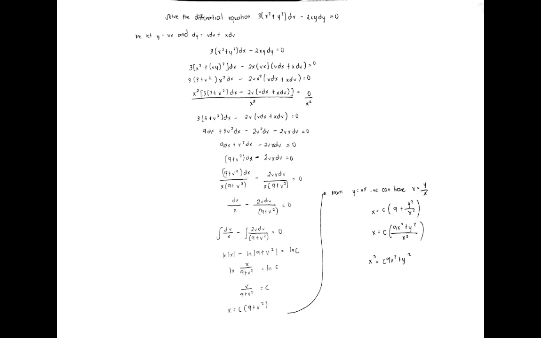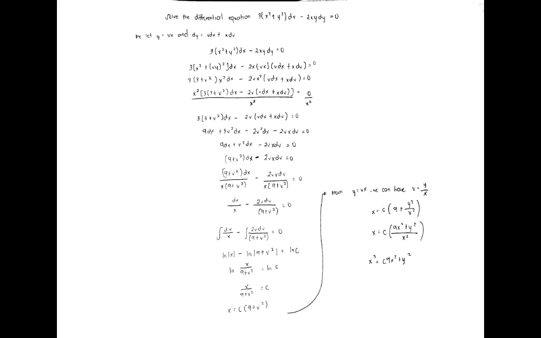Next, we divide by x squared so that we can eliminate the x squared. Now we have 3 times (3 plus v squared) dx minus 2v times (v dx plus x dv) equals 0. Now we operate: 9 dx plus 3v squared dx minus 2v squared dx minus 2vx dv equals 0.